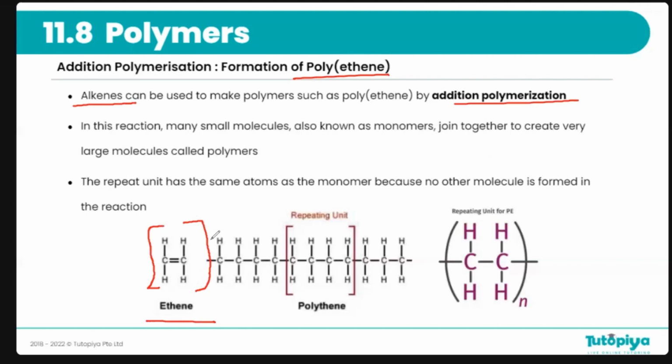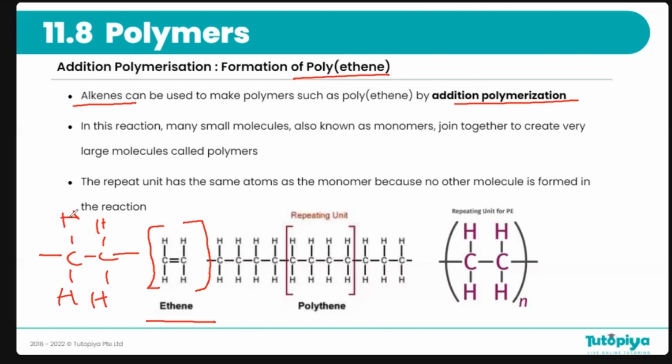Each carbon has two hydrogens each and a double bond between the carbons. In addition polymerization, what happens is this double bond breaks and it branches out, reaching out to another molecule that looks like this. When several of these monomers branch out like this, they add together.